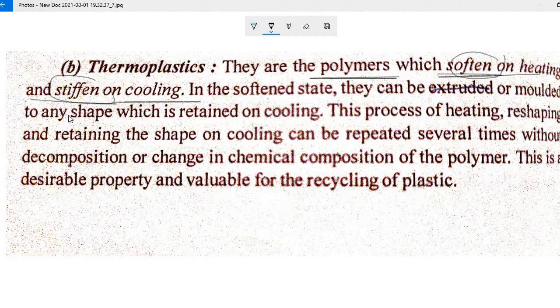We can change the shape of the polymer when the polymer is in soft state. ओके, आणि परत ते हार्ड होतं ऑन कूलिंग. आपण जेव्हा कूलिंग करतो ते हार्ड होतं.